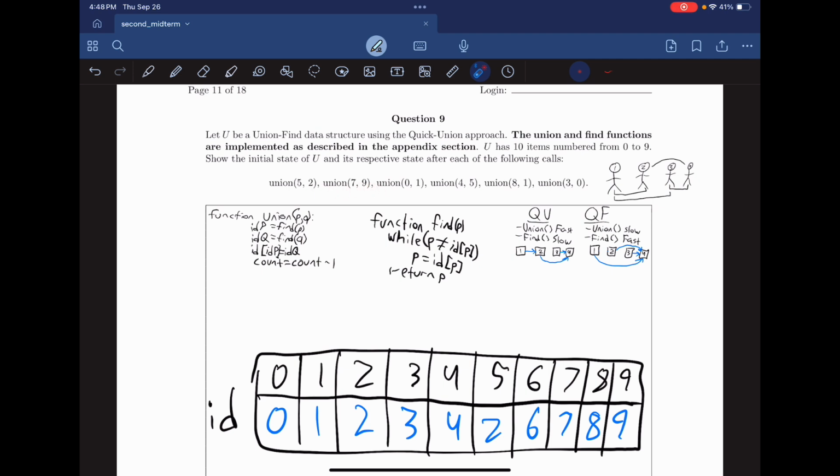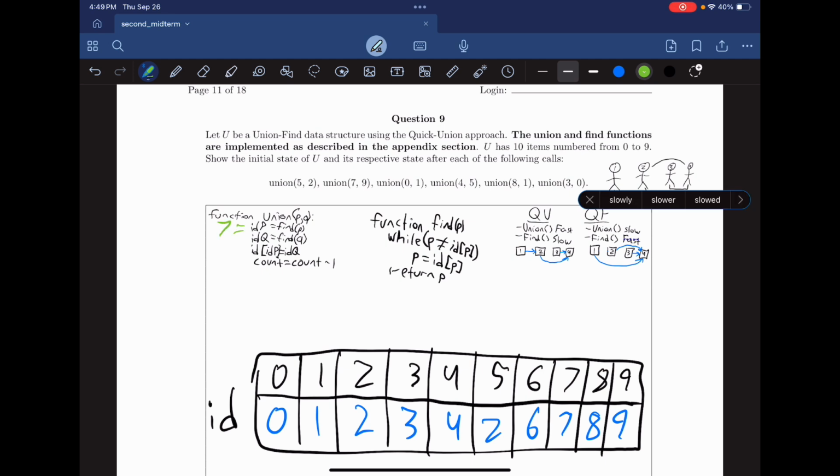Union 7, 9, we do the same thing. Our 7 is our P, our 9 is our Q. IDP equals find 7. So we go to array index 7, and we check if it's equal to its own value. 7 is equal to 7, so we return the 7.